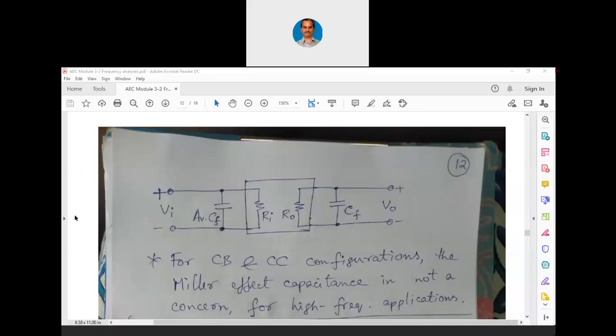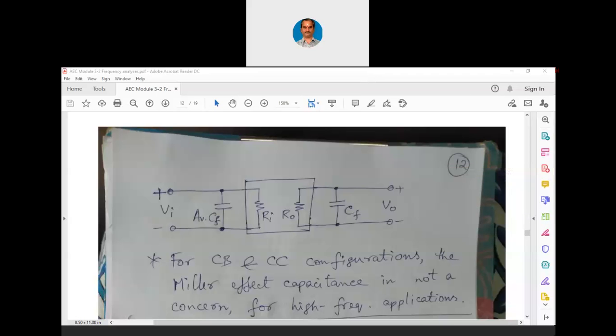Anyhow, we are not dealing much with common base and common collector configurations or common gate and common drain configurations because they are special purpose amplifiers. You already know that common collector and common drain, their voltage gain is unity. So we are focusing more on common emitter and common source configurations.